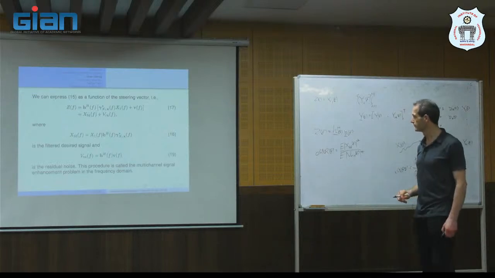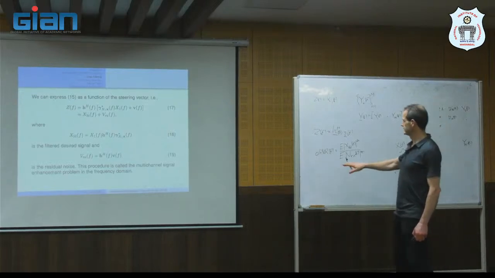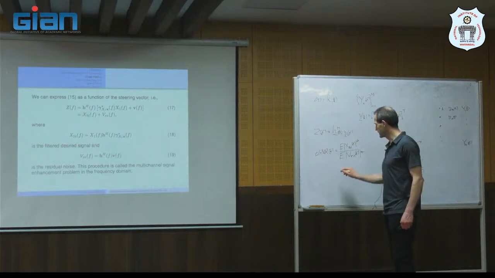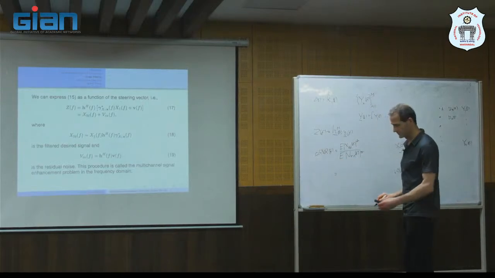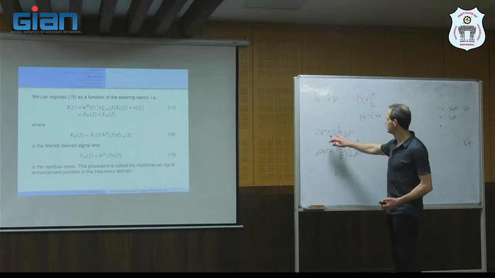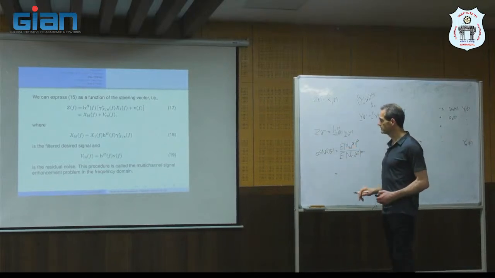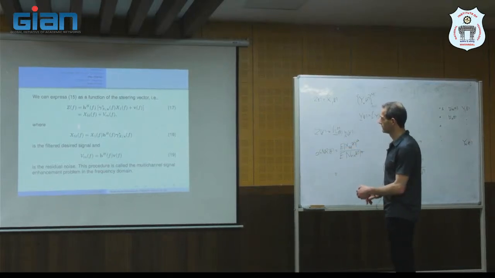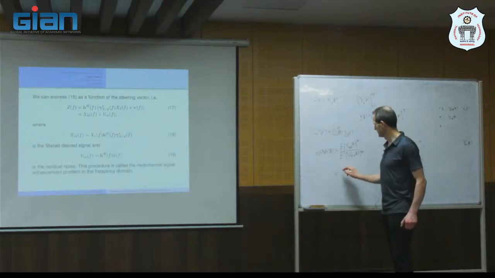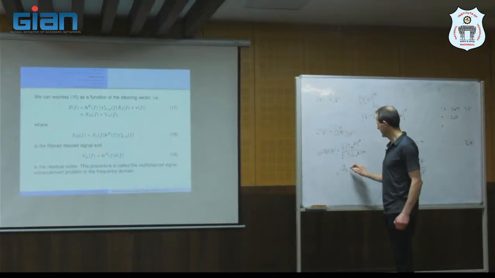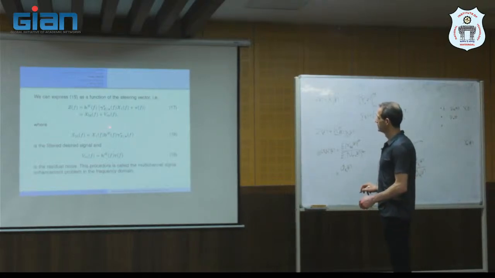If I want to write the narrowband output SNR as a function of the filter, I can write it as phi x1 f multiplied with this number, magnitude squared.